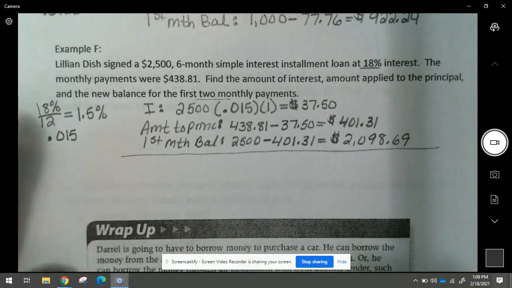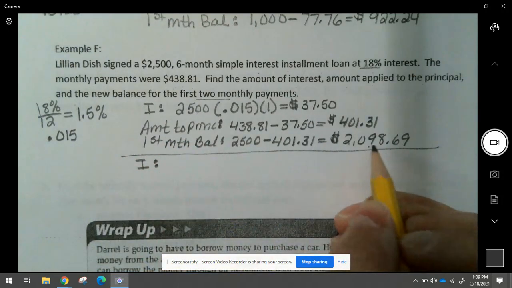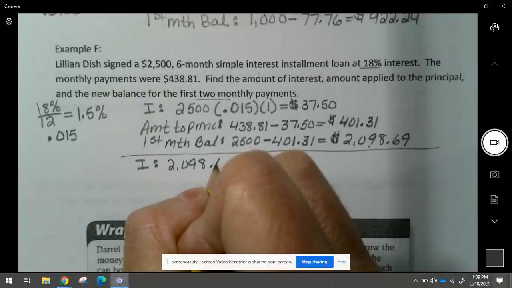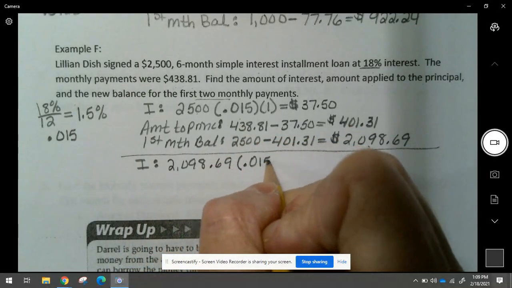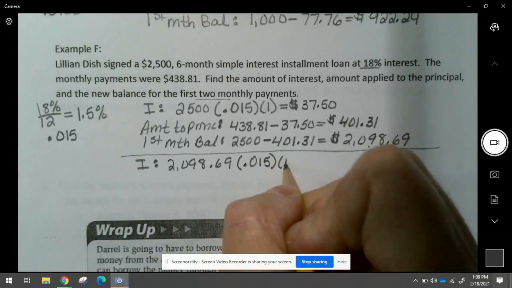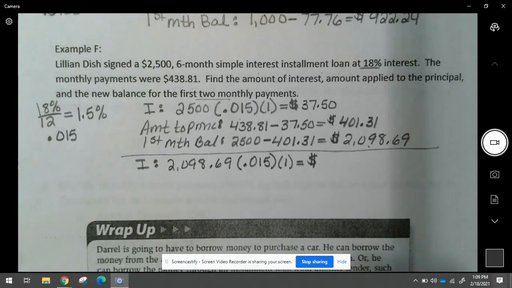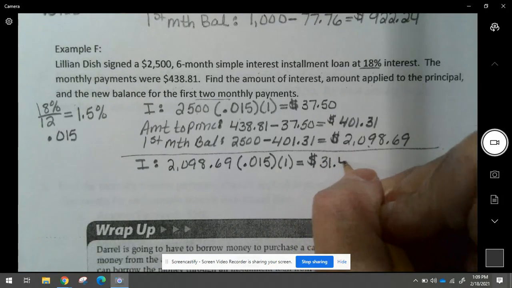All right, now I'm going to do this process all over again. I'm going to calculate interest for the second month. I start with my new balance, $2,098.69. I multiply by the rate, 0.015, times 1, because it's just 1 month. And my interest here is $31.48.